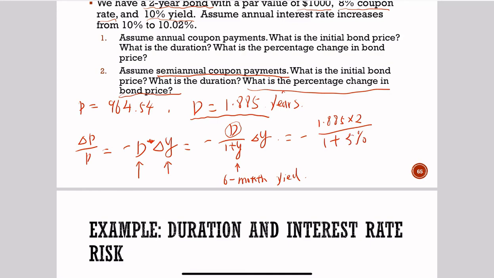And the change in y is just 0.1%, right? The reason is because when you're looking at annual yield, it increases from 10% to 10.02%.